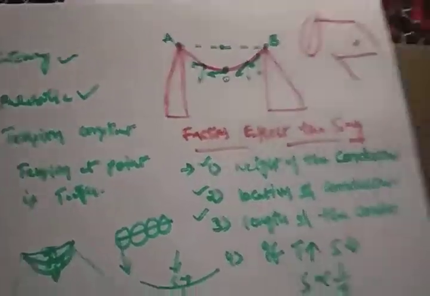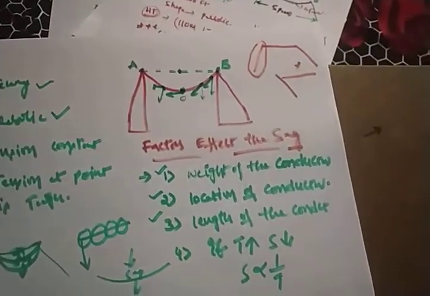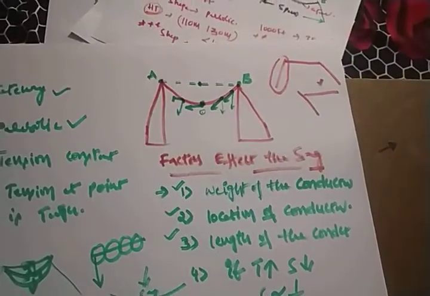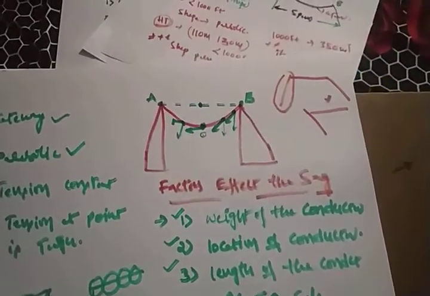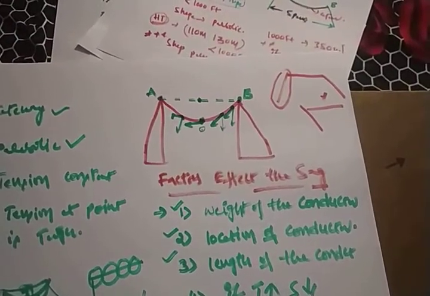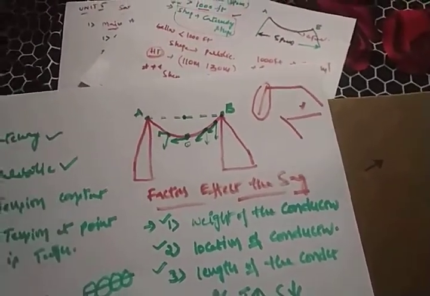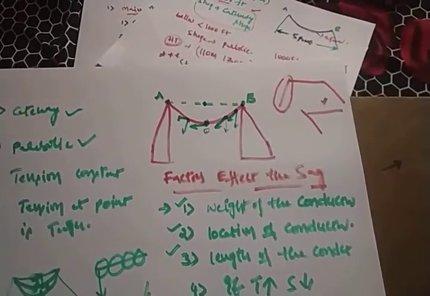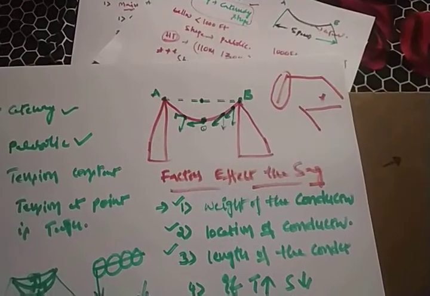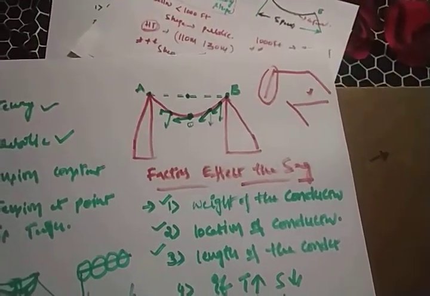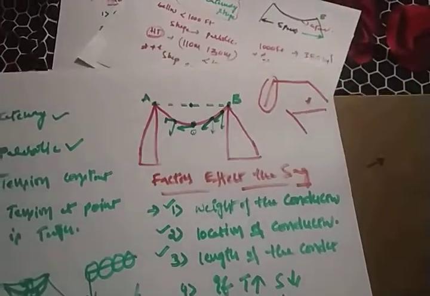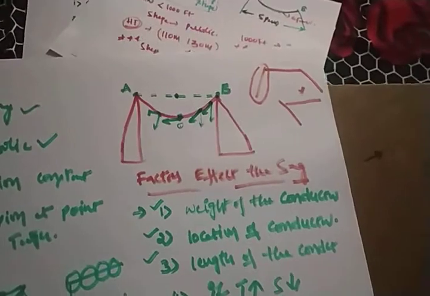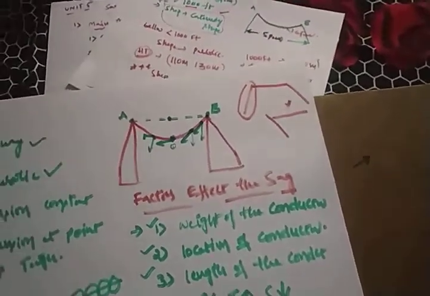In this session, we discussed what the shape of the curve is, what a catenary shape is, what a parabolic shape is, and when we can call it a catenary shape and when a parabolic shape. After that, what is the best condition to take the sag value, and what influences affect it from the diagram itself.